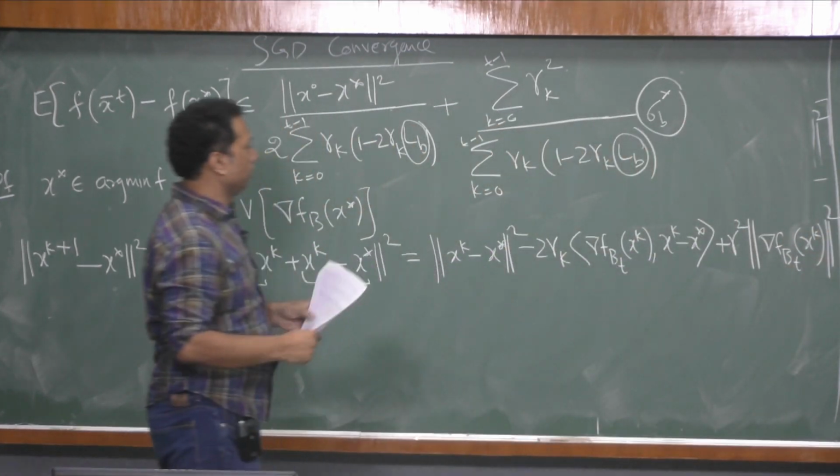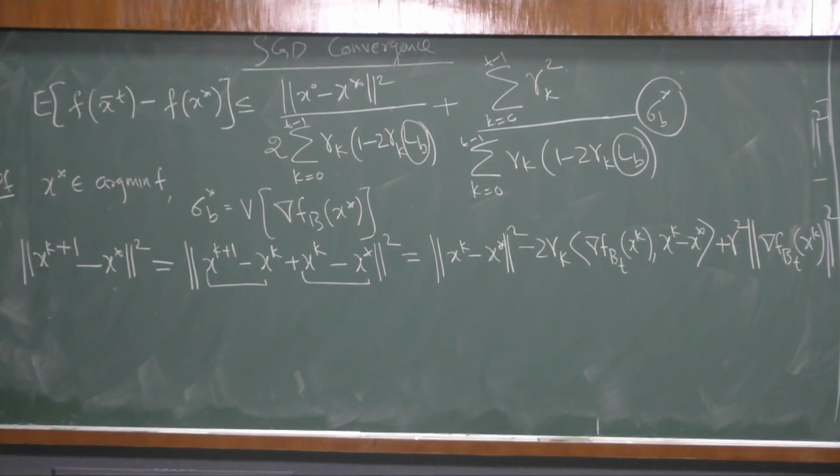You can see we have done this many times: the (a plus b) whole square formula, and x_{k+1} minus x_k replaced by grad f_{b_t}.